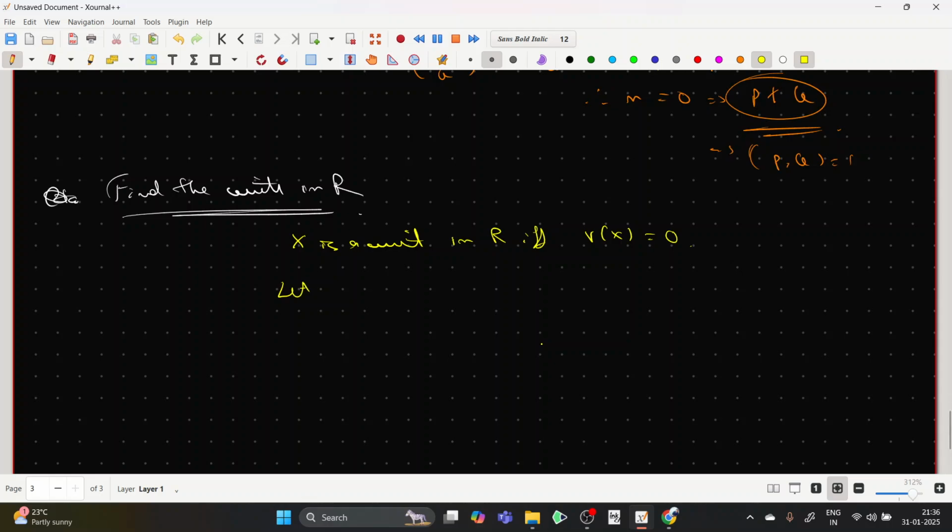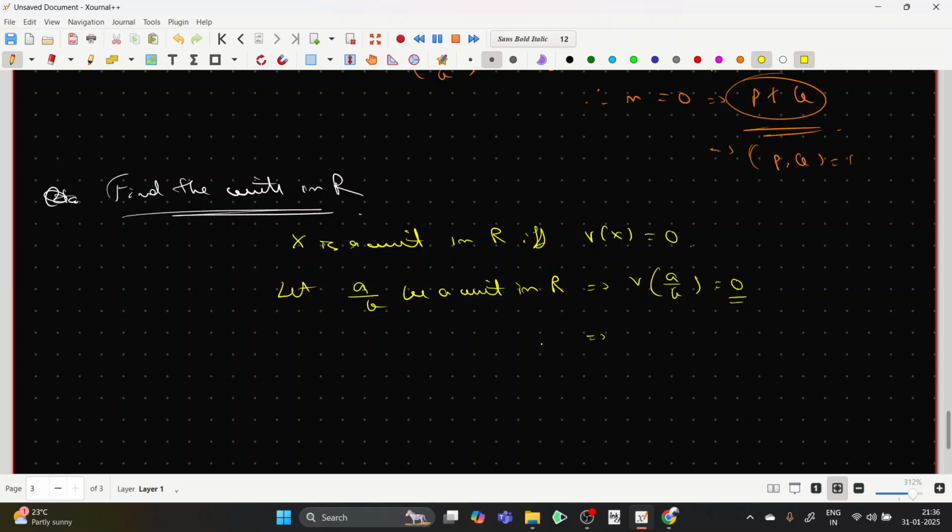So let A by B be a unit in R, then this implies that the evaluation of A by B needs to be 0, right? But what does it mean for the evaluation to be exactly equal to 0?